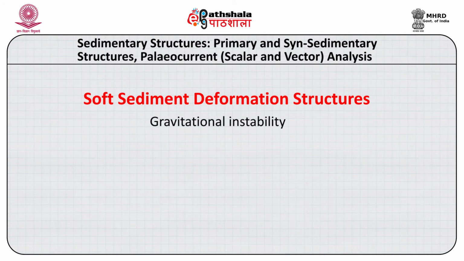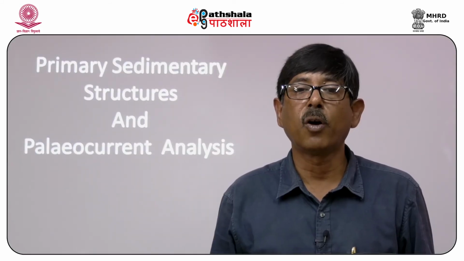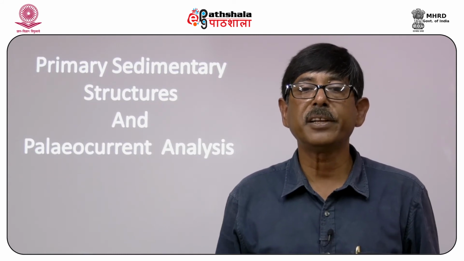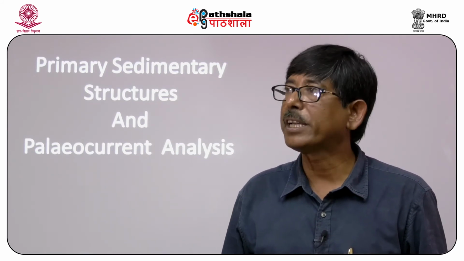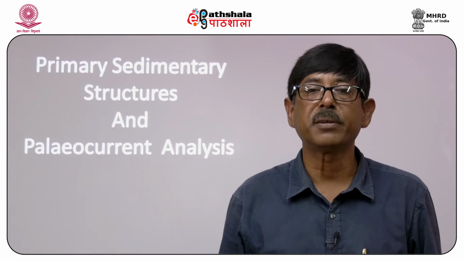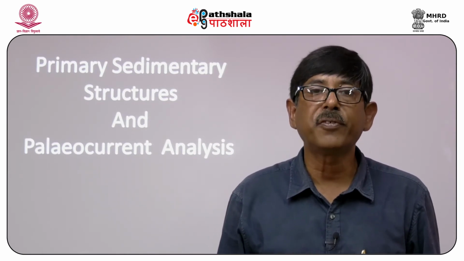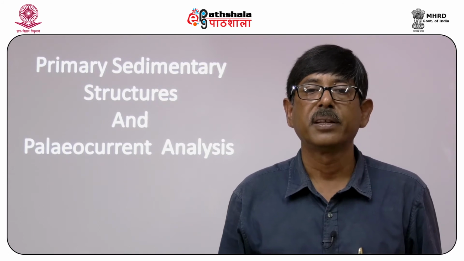Gravitational instability structures are produced because of gravitational instability. These are formed due to density driven soft sediment deformation, generally restricted within a particular sedimentation unit, overlain and underlain by undeformed undisturbed sediment.